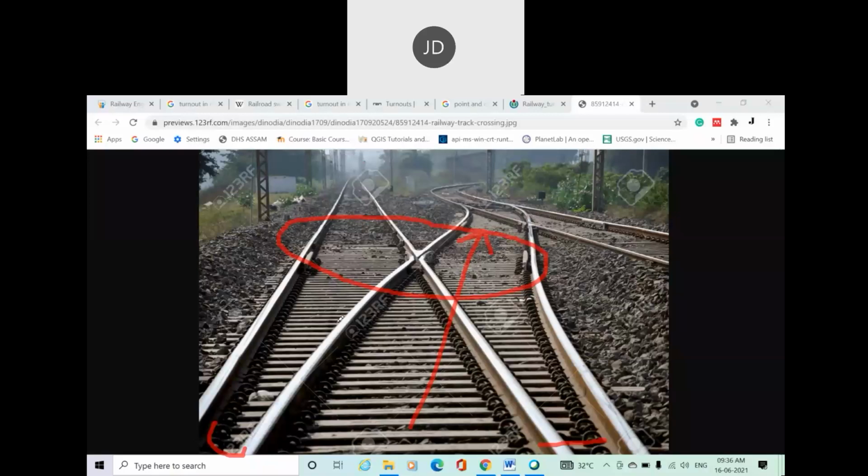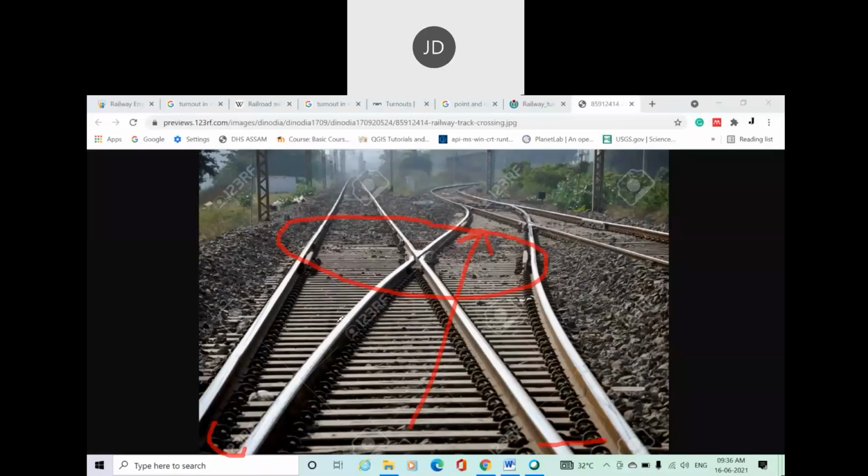Turnout may be composed of two special components, that is your point and crossing. Basically, point and crossings are provided to help transfer railway vehicles or railway trains from one track to another.